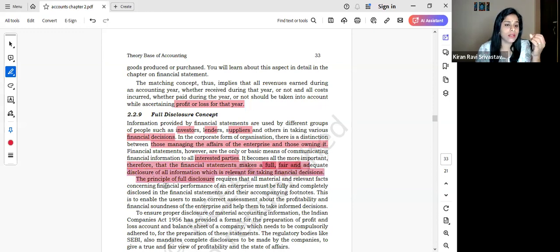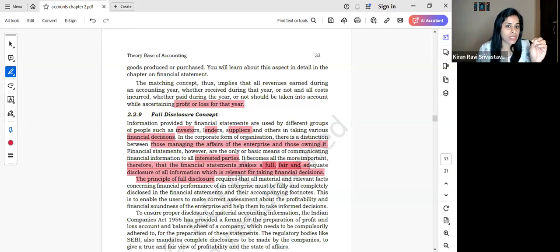It's not enough that the interested parties get the information; it should be full and complete. If the transactions are happening from 1st April to 31st March, you cannot just show the information from 1st April to 31st of January and miss out February and March. In that case, it will not be full.